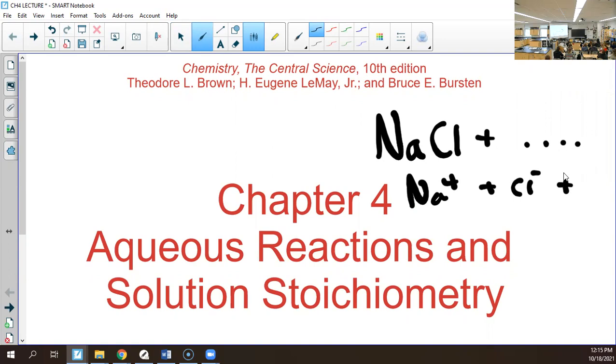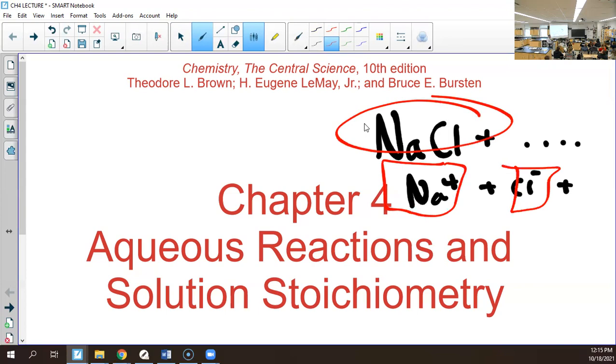We're taking salt, putting it in water, it breaks apart and its ions are reacting, not really the whole thing. That's really the only difference. It's not that awful, except for now we have to account for each individual atom instead of just the compounds. So it just adds a little bit more.